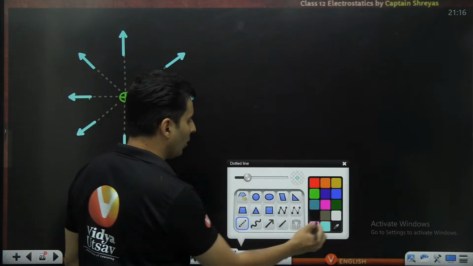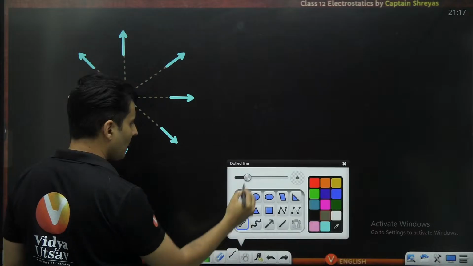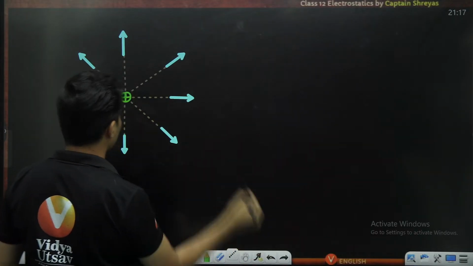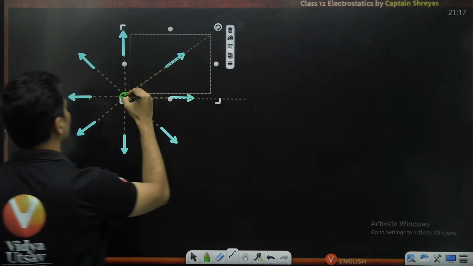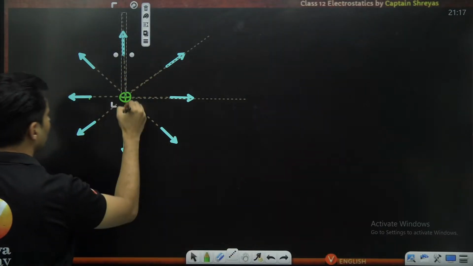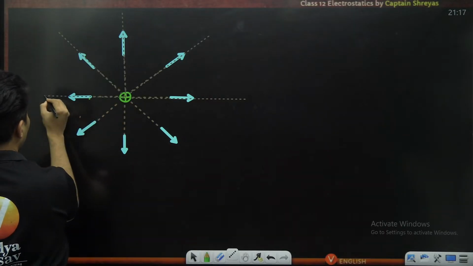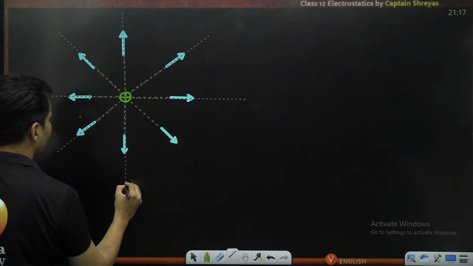Say for example, I go at a slightly far away distance, maybe over here. I'm taking some other distance now. At all these points, because R is same, the magnitude of the field will be the same.